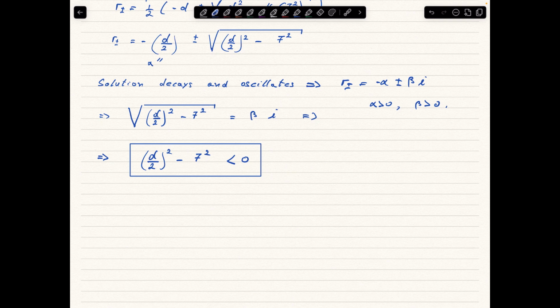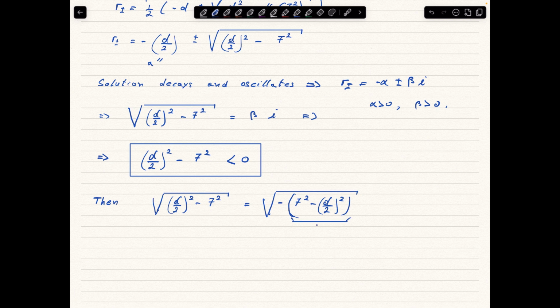So suppose we have this condition. Then our square root, d over 2 squared minus 7 squared, when d is small enough, can be written as 7 squared minus d over 2 squared with a negative sign in front. Now this number is positive when d is small enough, and this is the square root of that positive number times i.